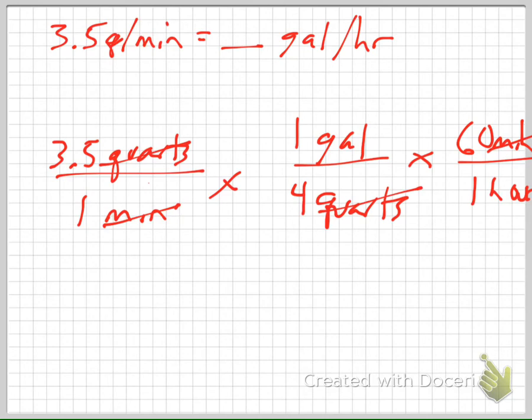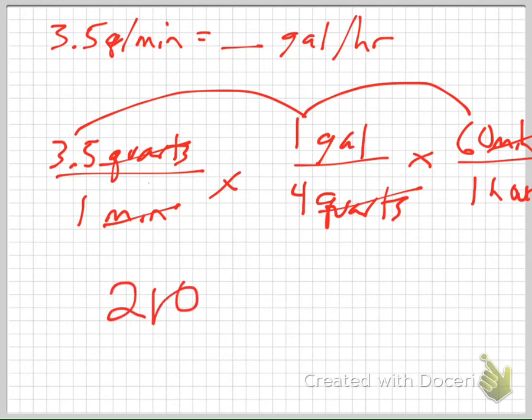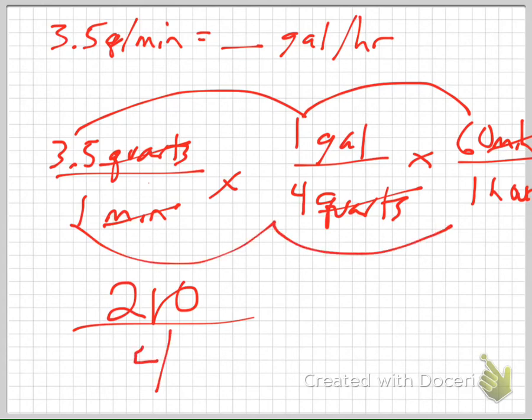If you want to, you can just start multiplying the top. If I'm going to let you use a calculator, you could just go 3.5 times 1 is 3.5. 3.5 times 60 is 210, I think. Is that right? 210. Yeah, 210. And over 4, 1 times 4 is 4. So 210 gallons over 4 hours.